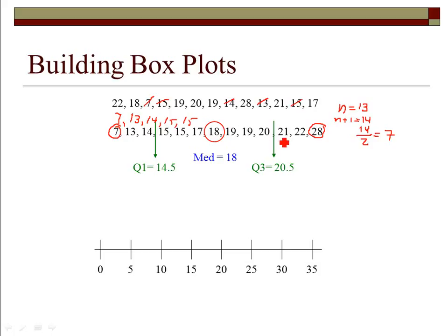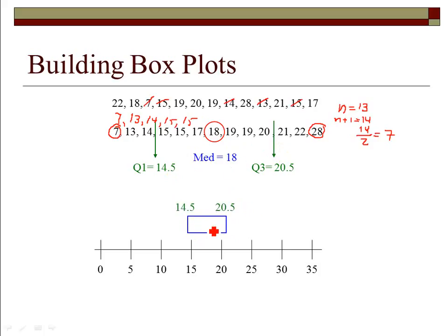First part is building the box. So I'm going to go from Q1 to Q3. My box is going to go from 14.5 up to 20.5. And if you want to be real clear about your diagram, you can always add in those numbers.